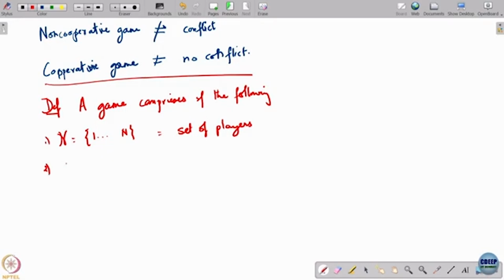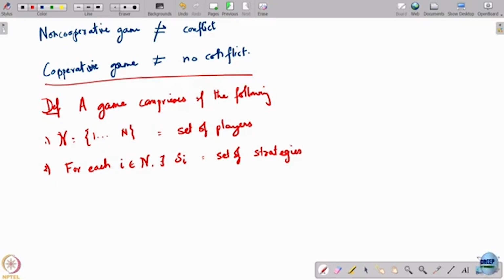Now, for each player, for each i in N, you have a set, let us call this Si, which is a set of, for the moment I am going to call these strategies, and in a few lectures we will produce a more general term for this, but for the moment let us just call these strategies. Okay.